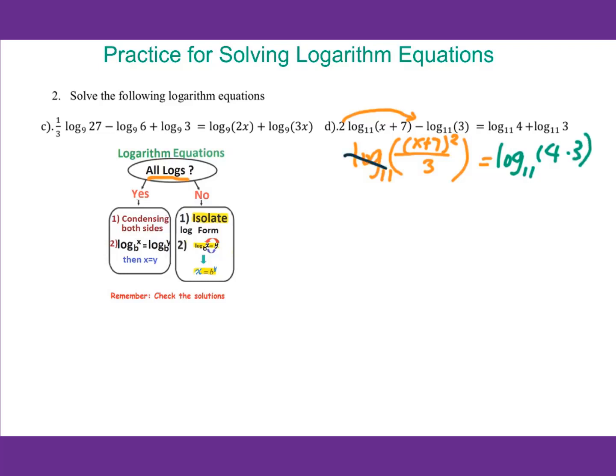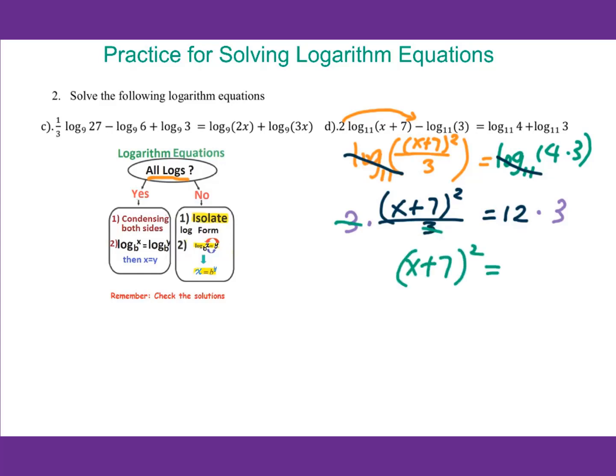Now we can cancel the log, get (x plus 7) squared over 3 equals 12. Since this is a power pattern equation, we multiply by 3 both sides. Then you will get (x plus 7) squared equals 36.